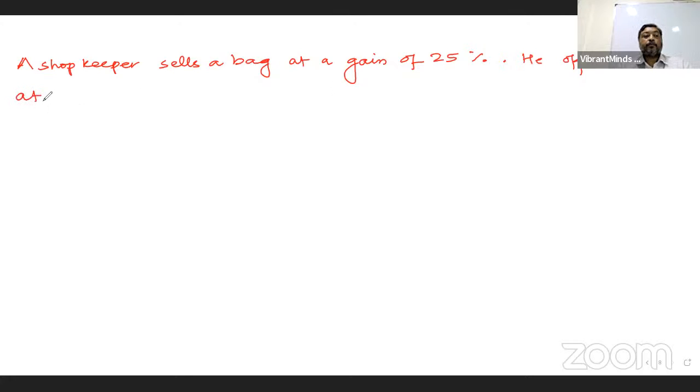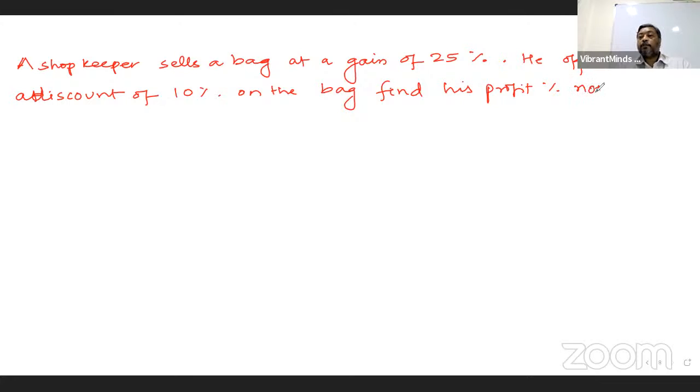He offered a discount of 10% on the bag. Find his profit percent now.